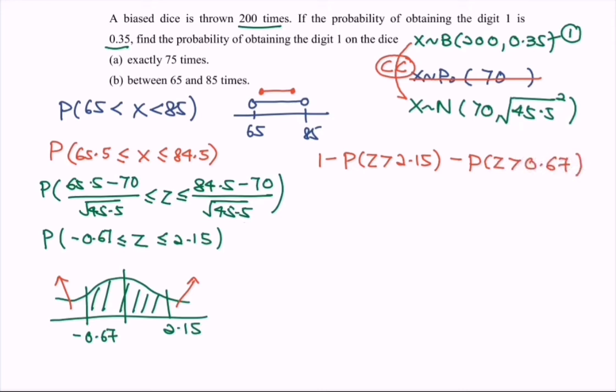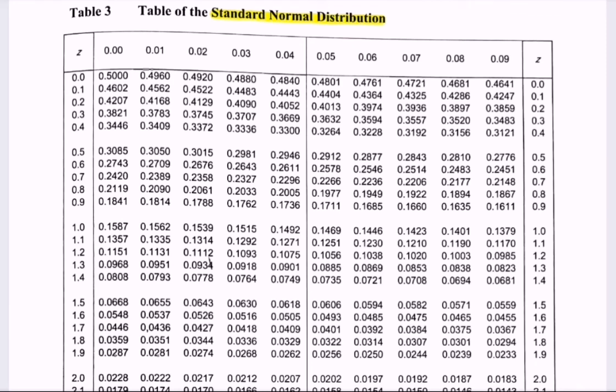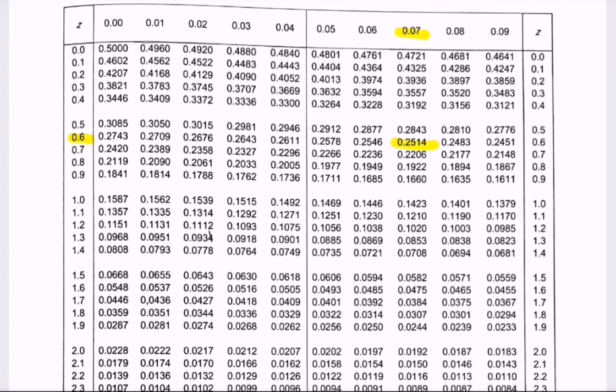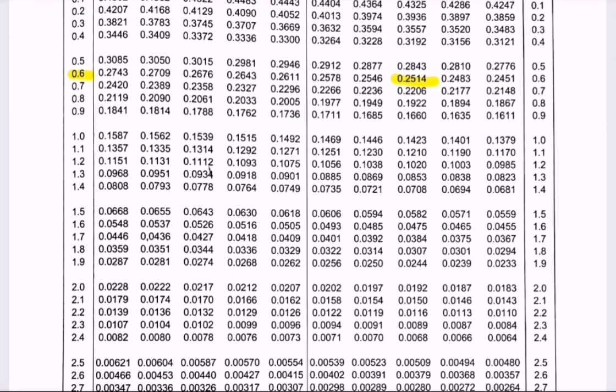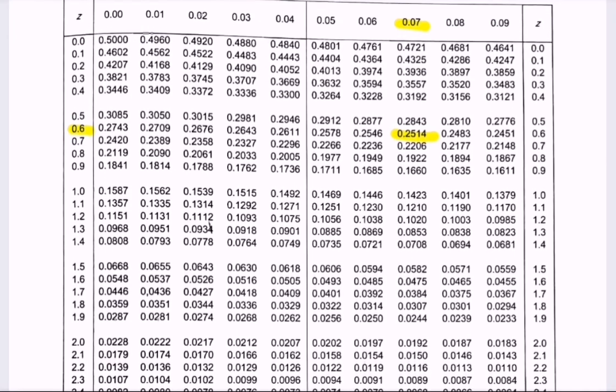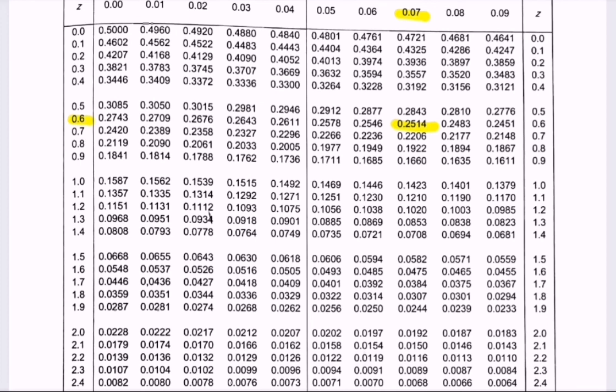By referring to the table, first for 0.67 we have 0.2514. Next, refer to 2.15. So here we have 2.1 and then 0.05, so we will have 0.0158 for 2.15 as a z.